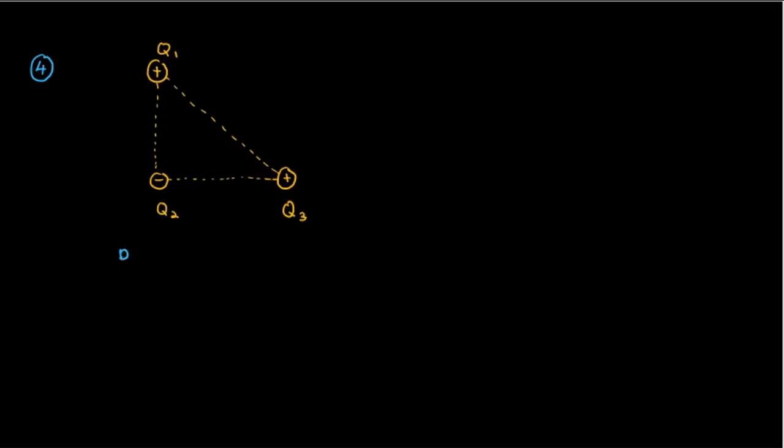Question asks you to draw the direction of electric force on charge Q2. So please refer the word "on". "On" means on what charge, so on charge Q2. So your focus is on charge Q2 only, but due to Q1 and Q3.